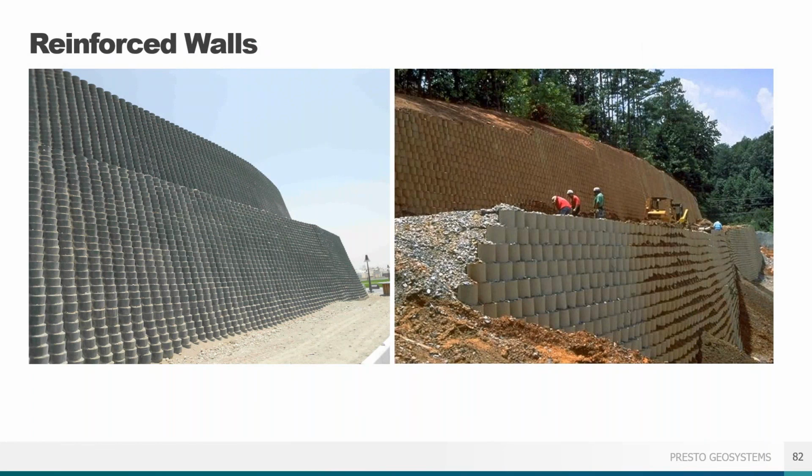Remember, the ratio of wall height to reinforcement length is 70%. So a 6 meter or 20-foot high wall needs about a 4¼ meter or 14 feet of grid reinforcement. A 12-meter wall needs 8½ meters of reinforcement, and etc. You get the idea. Using shorter tiers allows you to keep the reinforcement length reasonable while still achieving the overall required height.